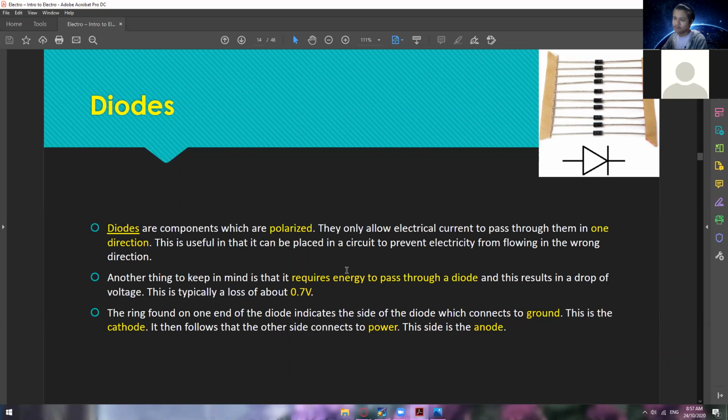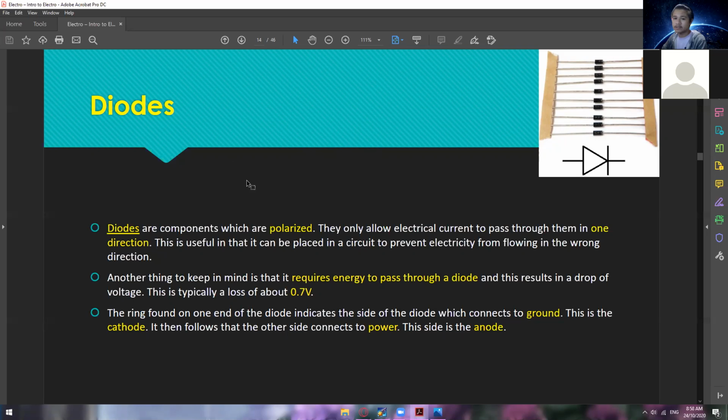So let's say you have a circuit here, and then you have a diode. Your voltage source should be higher than that diode. What do I mean by that? For example, you have a series of two diodes. If you sum those two, that's 1.4 volts if it's 0.7 each.